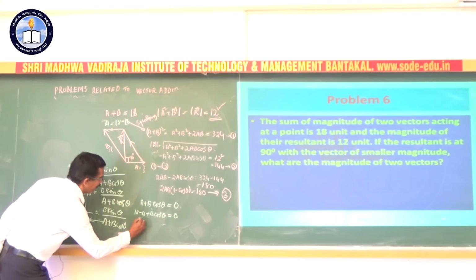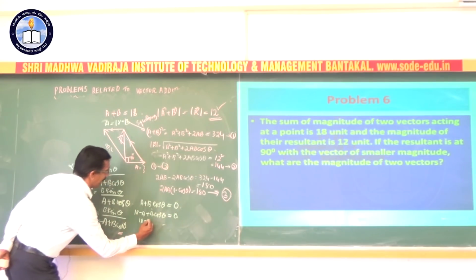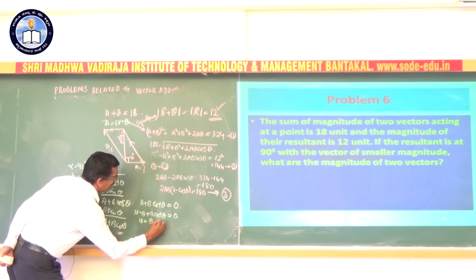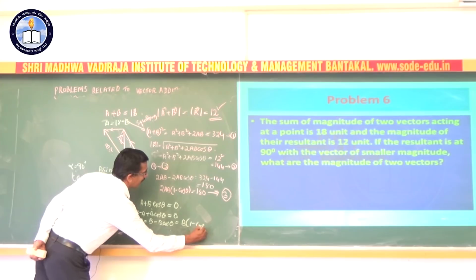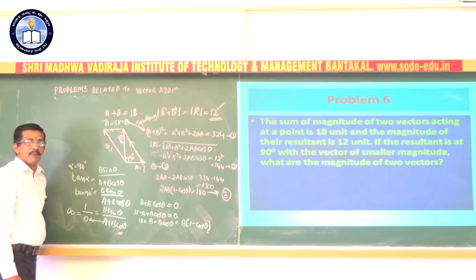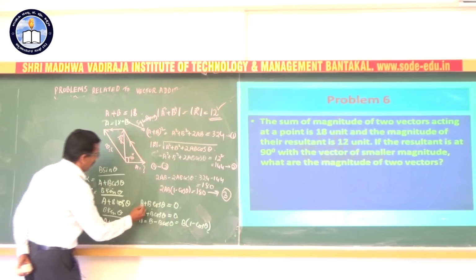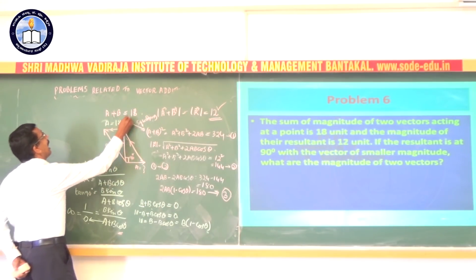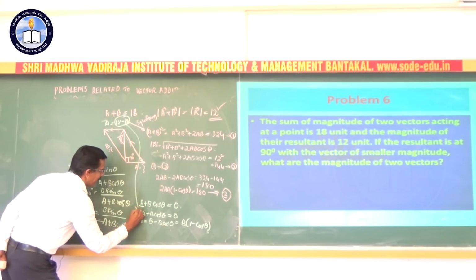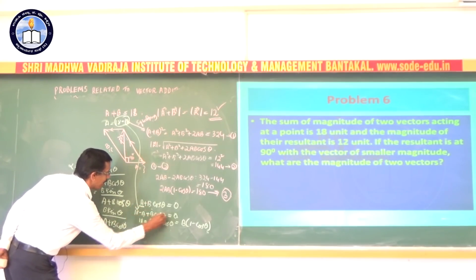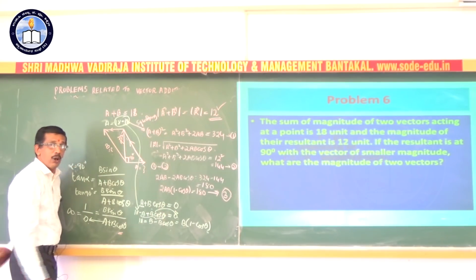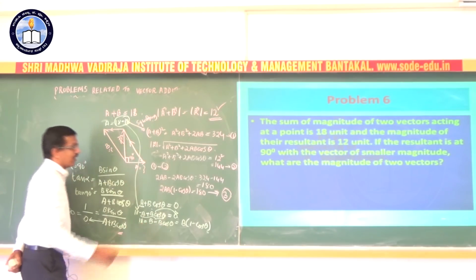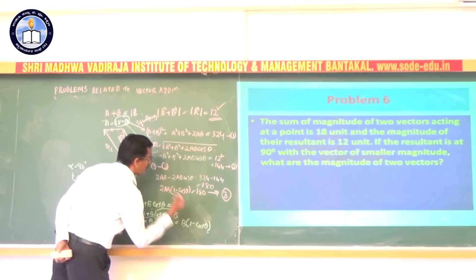Taking these two terms to the right hand side, 18 is equal to B minus B cos theta, or 18 is equal to B into 1 minus cos theta.